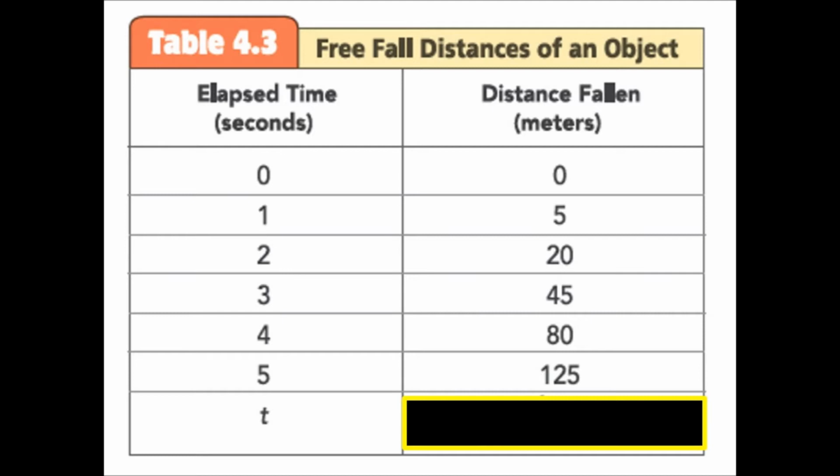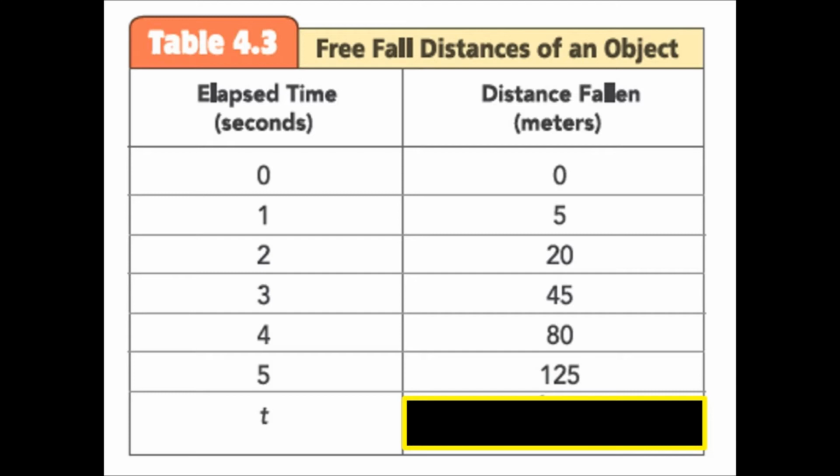Now, this is going to completely give away the whole idea of the equation, and much of this is done qualitatively. We know from problems that we've done prior that the equation is indeed going to be a square function. Distance is going to be a function of time squared.